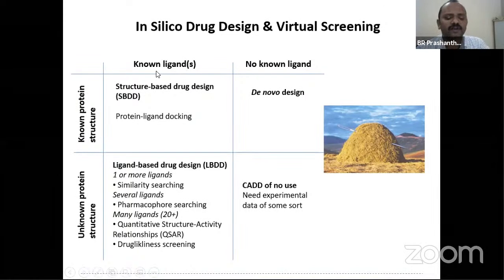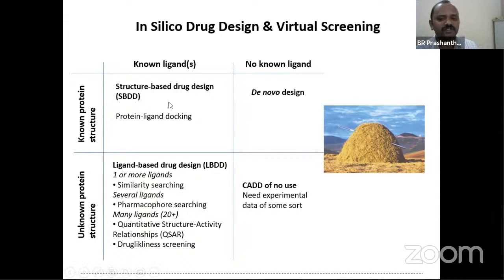Amongst these four quadrants, the first is where the protein structure is known and the ligands are known. That means both the protein structure and the ligand structure are known, so we use the structure-based drug design technique.